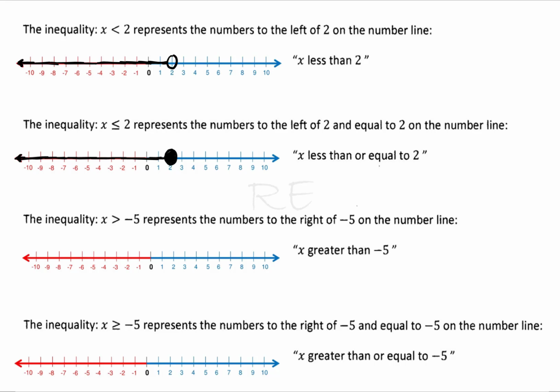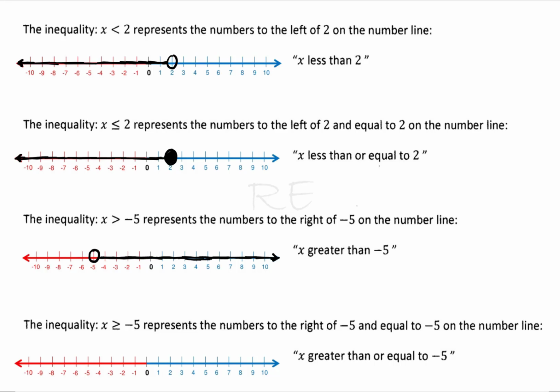Now, X is strictly greater than negative 5. Negative 5 is not included. Therefore, we will draw an empty circle at negative 5. But we have to take the values that are greater than negative 5, which means all the values located to the right of negative 5 should be shaded in.